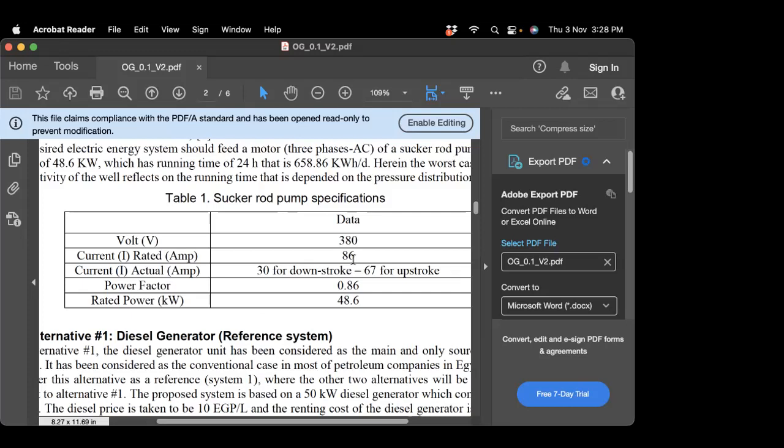It has an operating current that differs with respect to the operation. When the pump is lifting from down to up, it consumes 67 ampere. However, with the downstroke, when the stroke is going from up to down, it consumes only 30 ampere, where the power factor is 0.86.